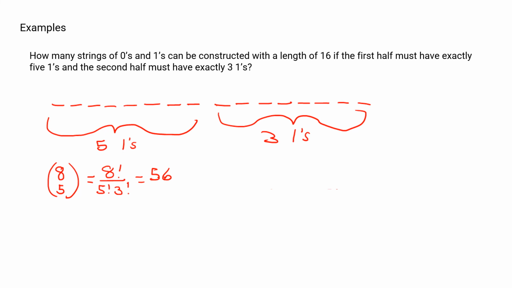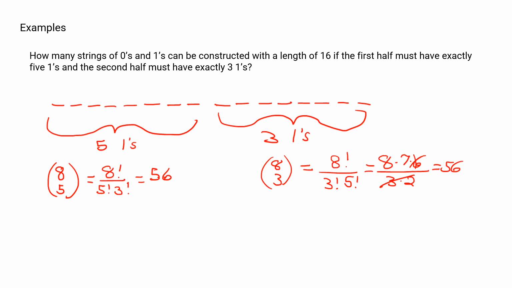Now for the second half, we have 8 slots and we have 3 ones, so it would be 8 choose 3, and we would get this. Notice that we get 56 again. This is an example where, as we saw before, the top is the same and the bottoms come together to give the top.